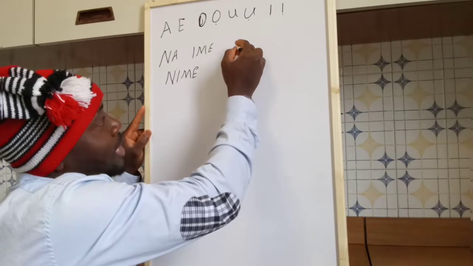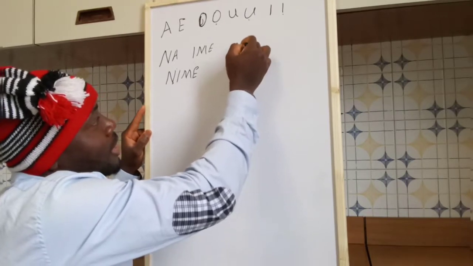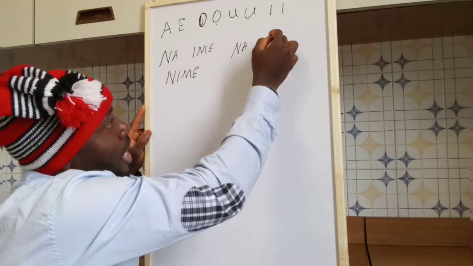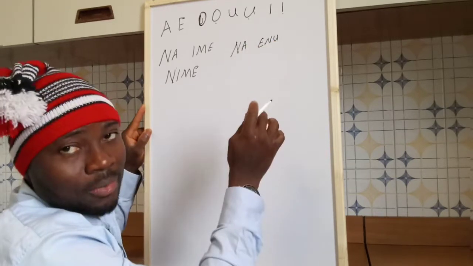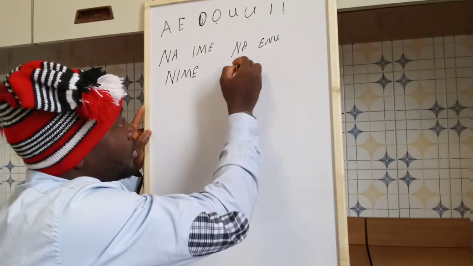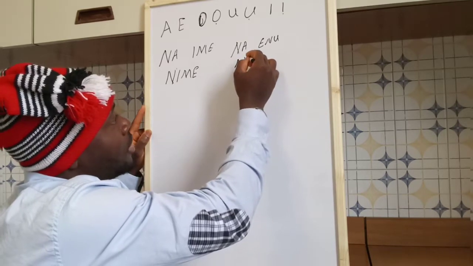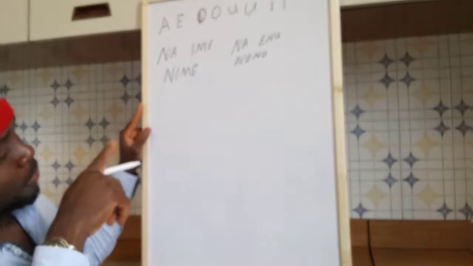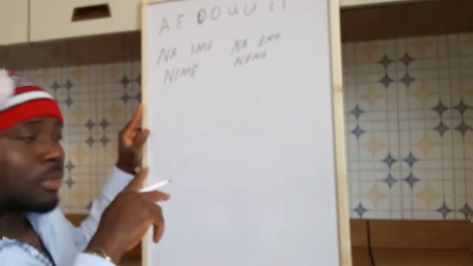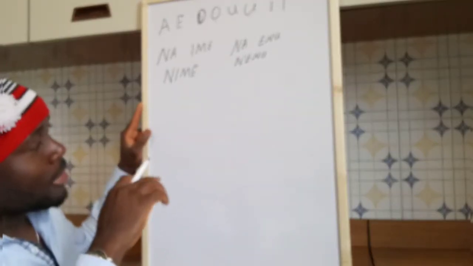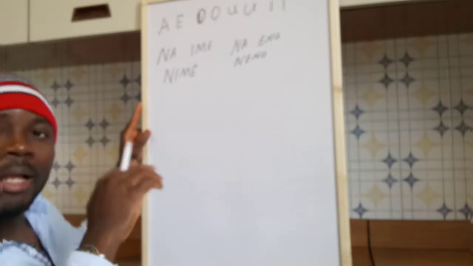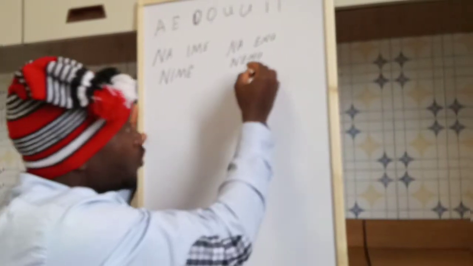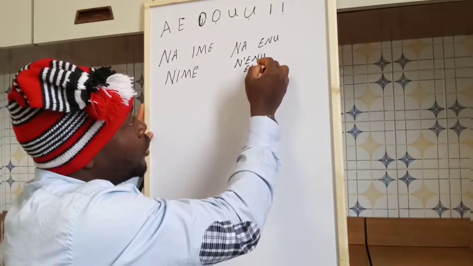Instead of writing N A E N U separate, you write it this way. Nenu. Okay, nenu, N with a hyphen on top, E-N-U, or nelu, E-L-U.